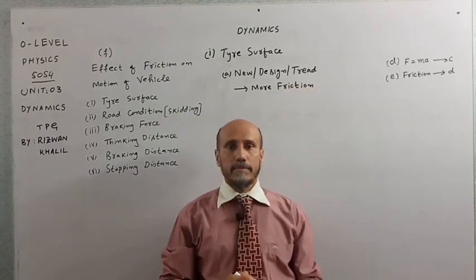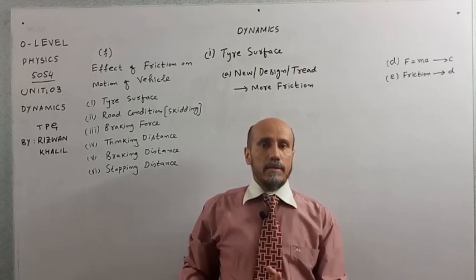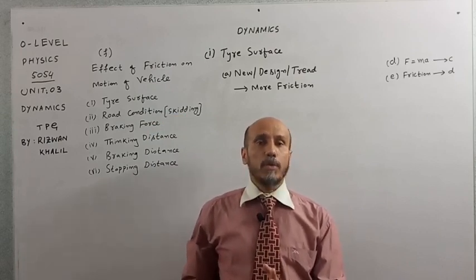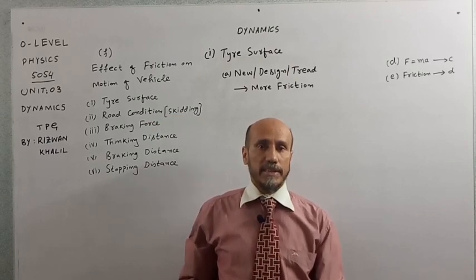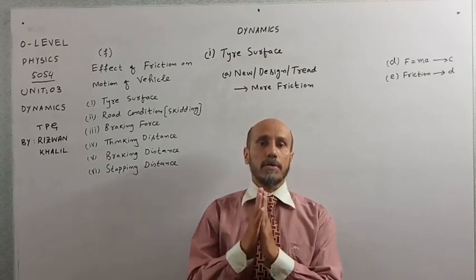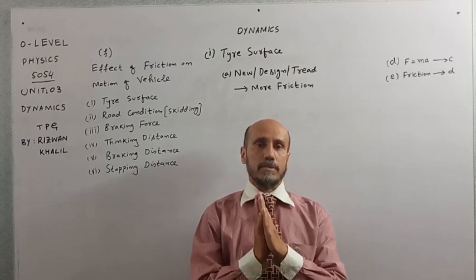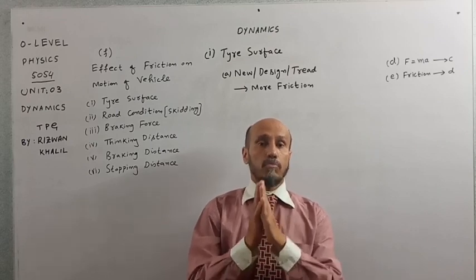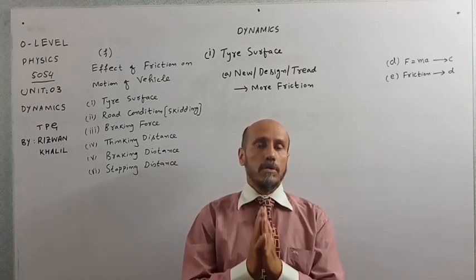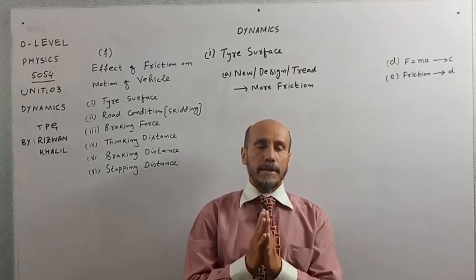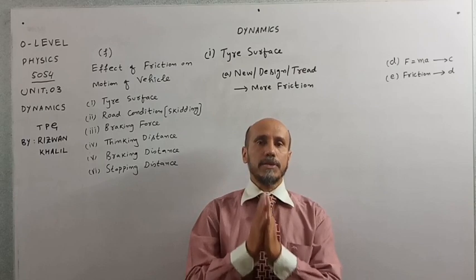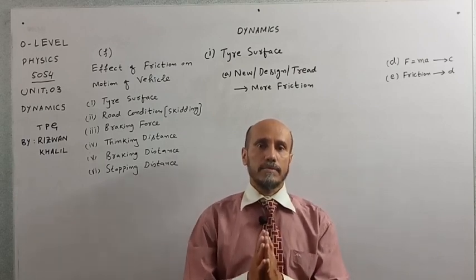What does it mean? If the tire is new, having proper design, having proper treads on its surface, then it has a stronger grip with the surface of the earth. The more the friction, the easier it will be for us to move the car, and the easier it will be for us to stop the car.